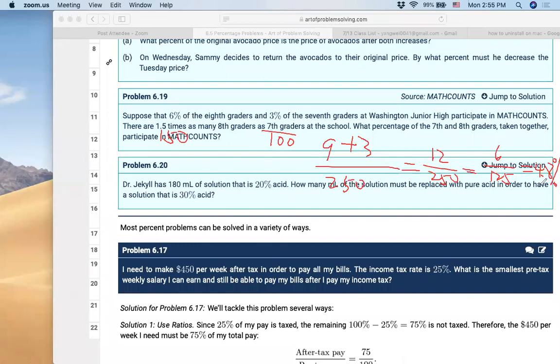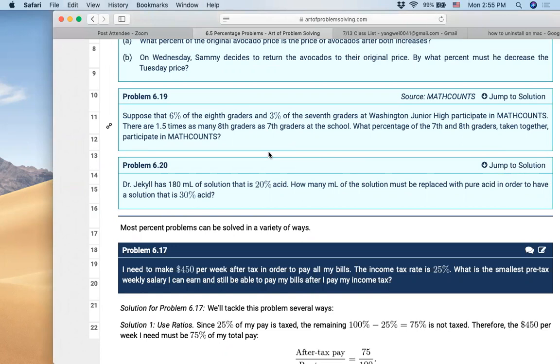Then later you need to cancel out the 7th grader. So for this percentage ratio, you just give them a simple number, which makes the problem easier because you don't really care about the absolute number. You just care about the ratio. So do it this way, that will be much easier.